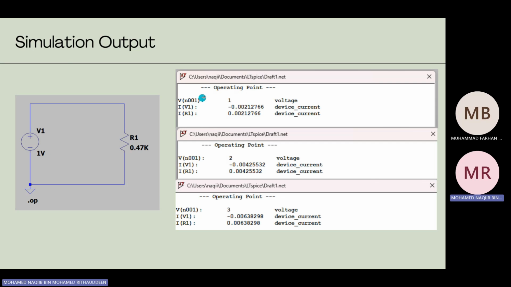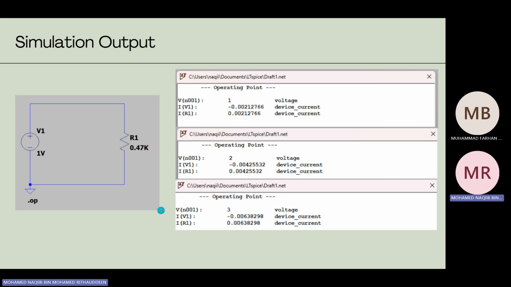This is the result. For the first volt, this is the current. For the second volt, this is the current. If you can see here, the current increases because the voltage increases. That's why voltage and current are directly proportional.